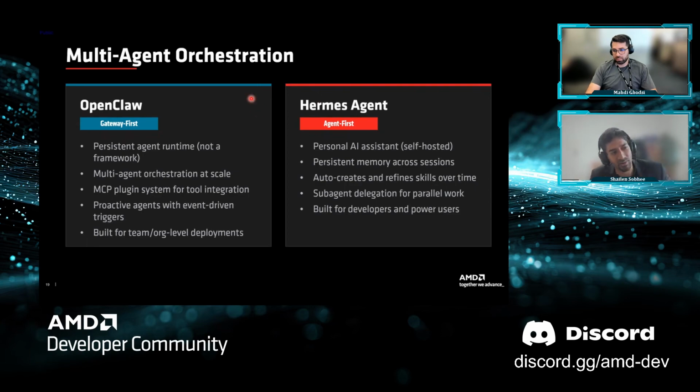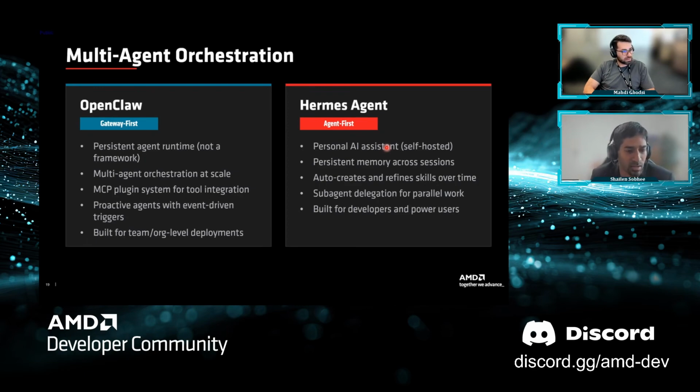Basically, from a high level, these two harnesses are fairly similar in how they work. Hermes Agent differentiates a little bit by being agent first and really acting as a personal AI assistant. Of course, OpenClaw can also be a personal AI assistant, but Hermes was built first to be that personal AI assistant.